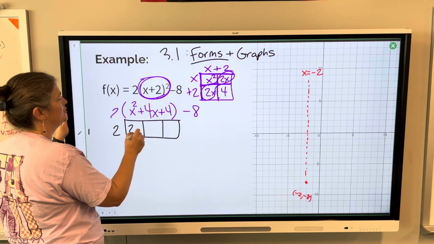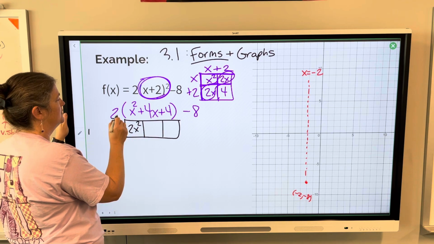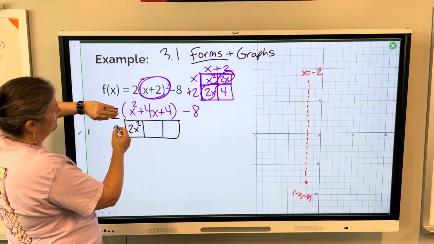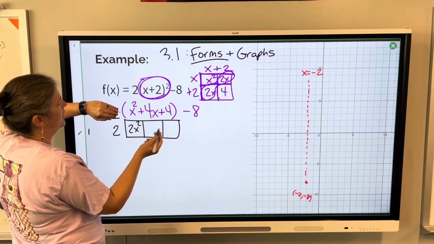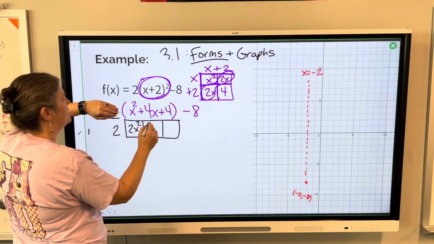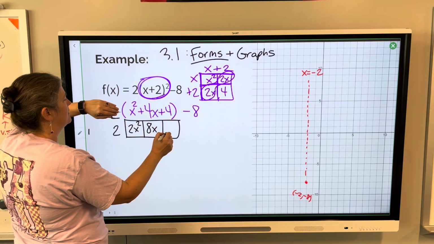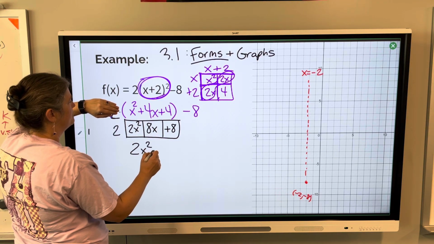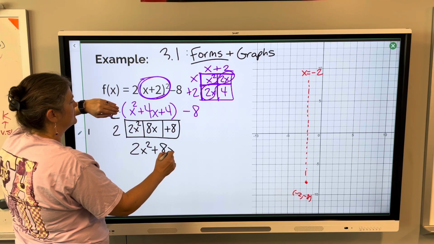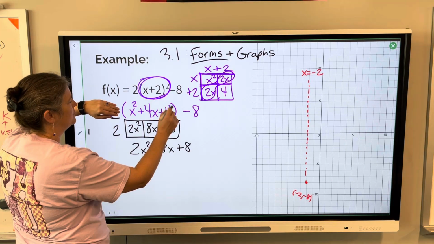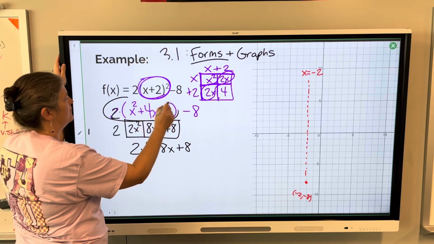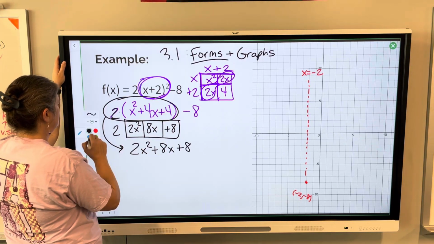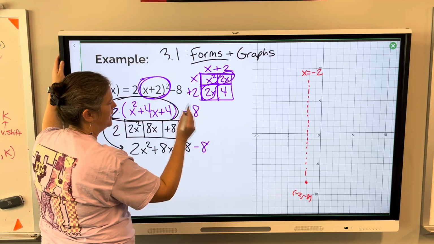So it's going to be 2x squared, right? This was a 2 times. So I'm multiplying by imagining that I'm 2 high and that wide. 8x and then plus 8. So I end up with 2x squared plus 8x plus 8. That's what was here. That is this now. This became this. But I still need to subtract my 8.